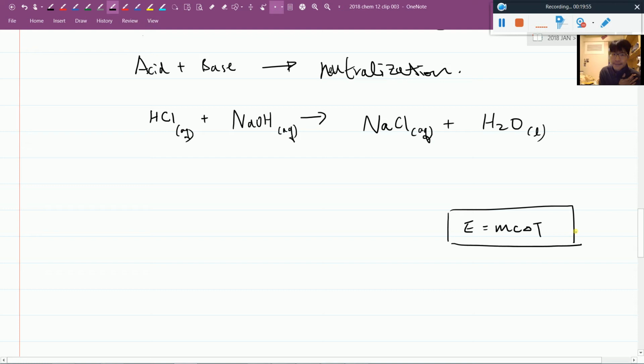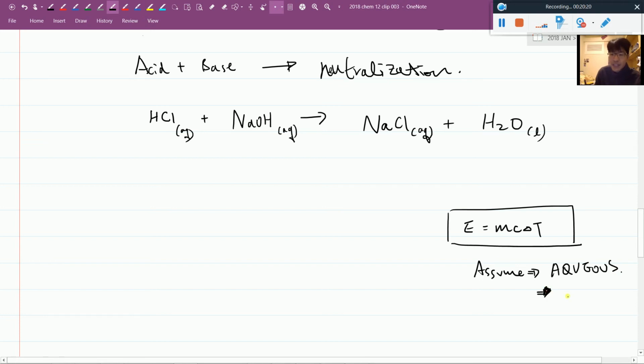One condition that we need to assume is that most of the chemicals dissolve in water. They are in aqueous form, and this aqueous solution is not that concentrated. It's not so concentrated.